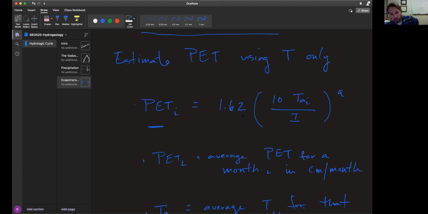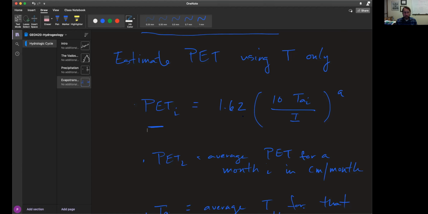Calculation of evapotranspiration, you could spend a whole class on, honestly. I mean, sorry, a whole semester on. But this is a way to do it, and it's a way that it can be done with a data set that's commonly available.